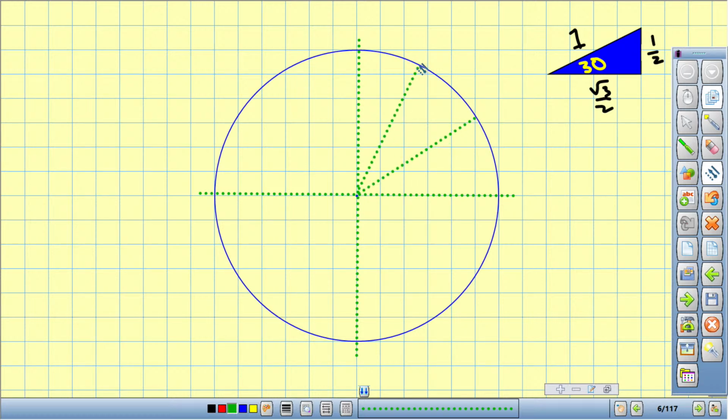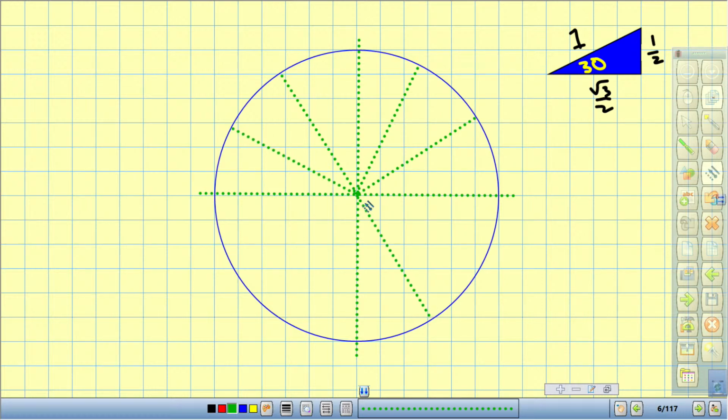I should say 6 pieces. Which means I'm going to go down here, and this guy's going to go here. Which means I'm going to reflect it down here. This one is going to be down here, and this guy's going to be down here.